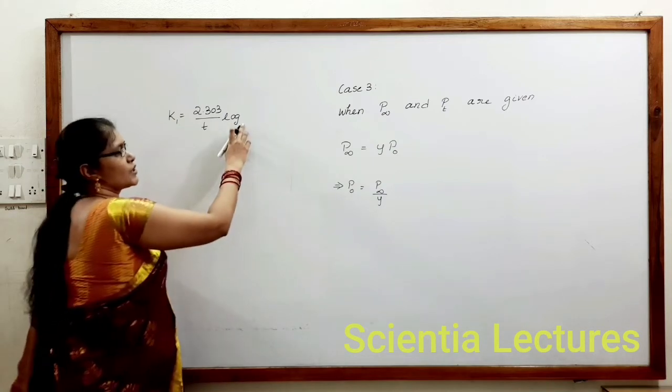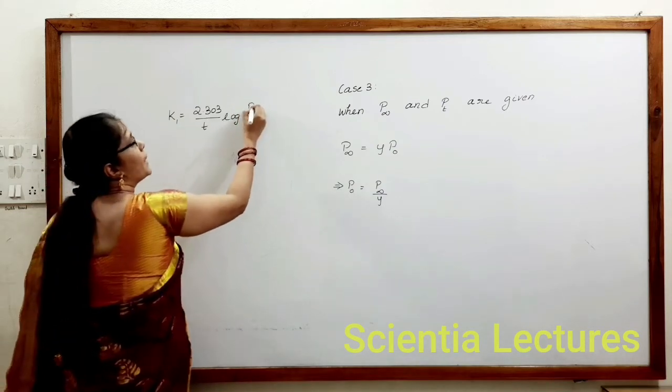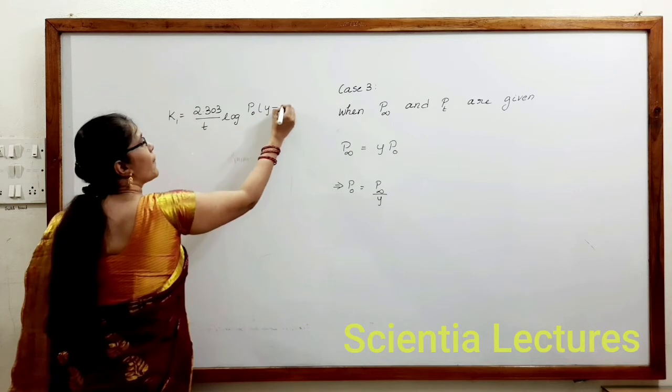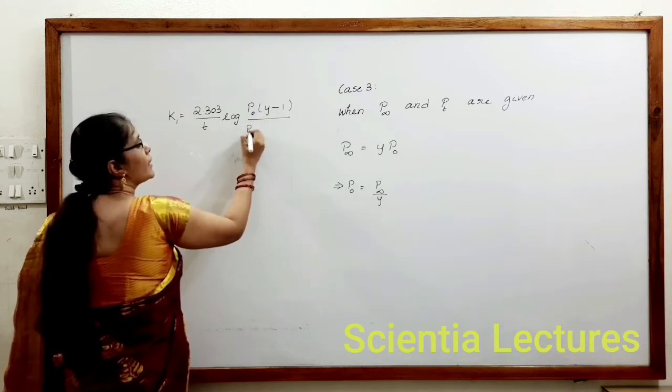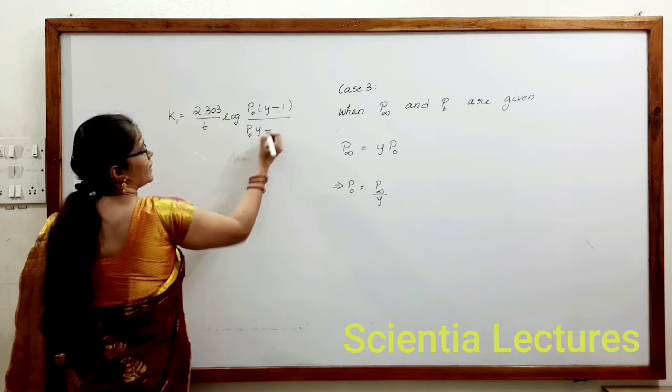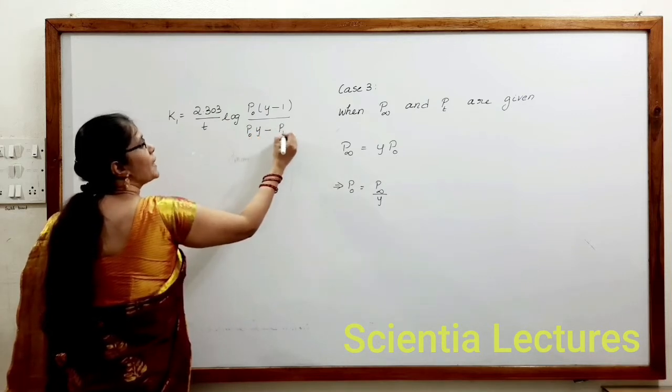P naught into Y minus 1 by P naught Y minus Pt.